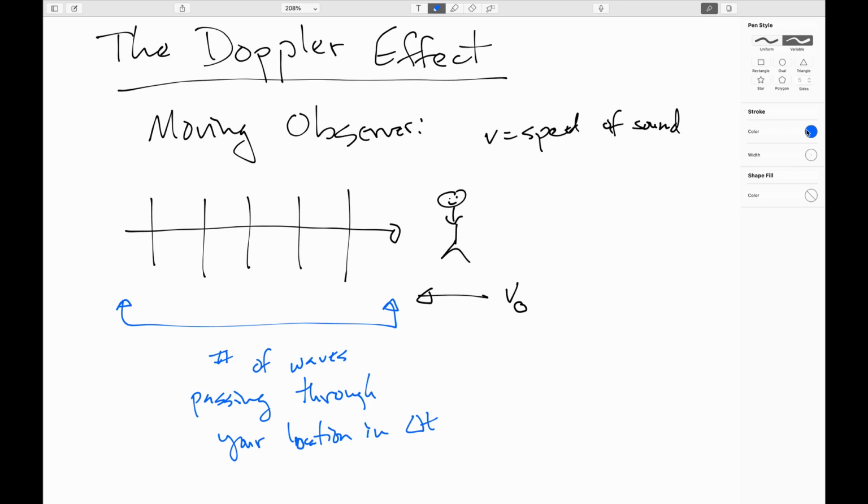But now if you're moving, let's say you are moving towards the source. In that case, in that same time delta t, you would end up over here. So in addition to all these wavefronts that you would have heard if you just plain stood still, the very fact that you're moving meant that you picked up a couple of extra wavefronts due to your motion.